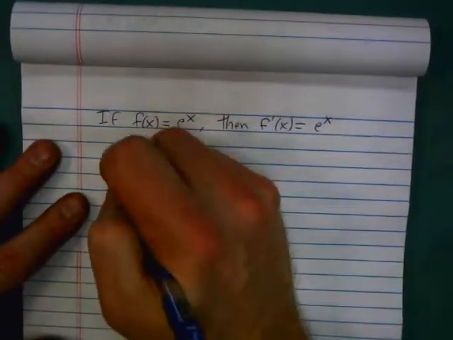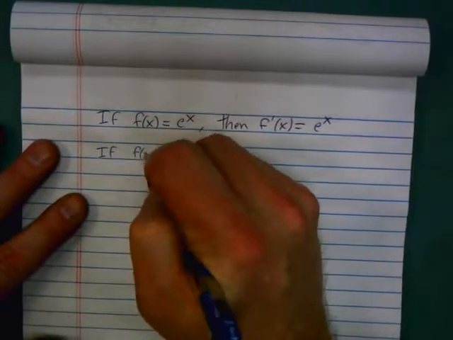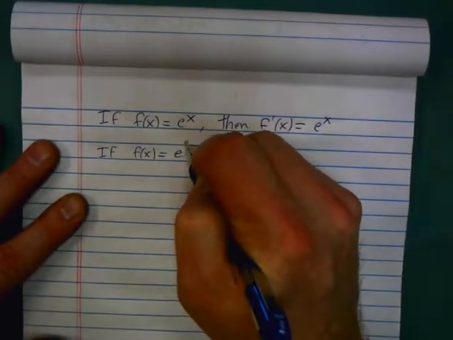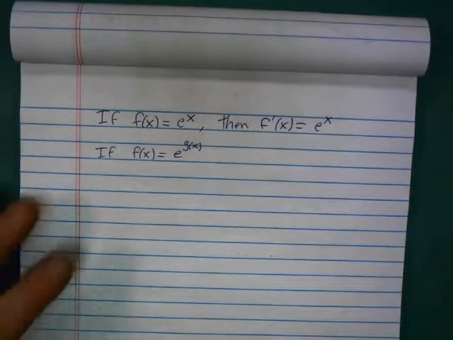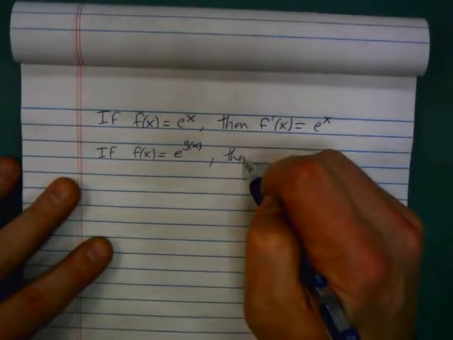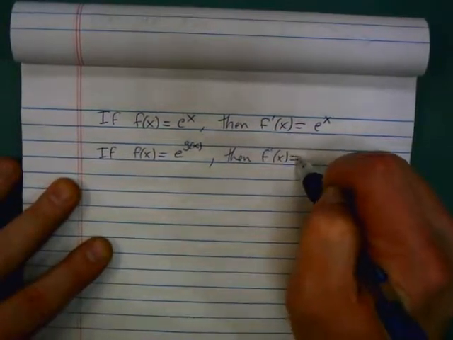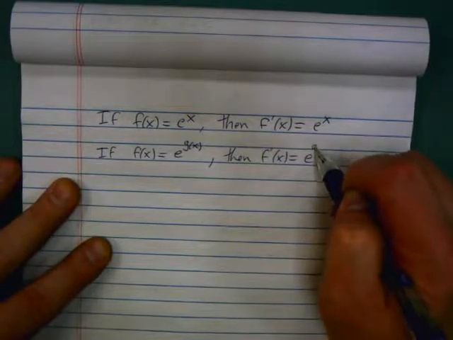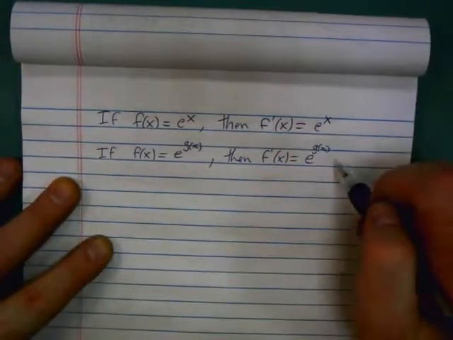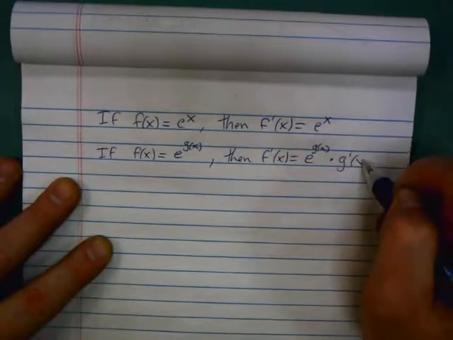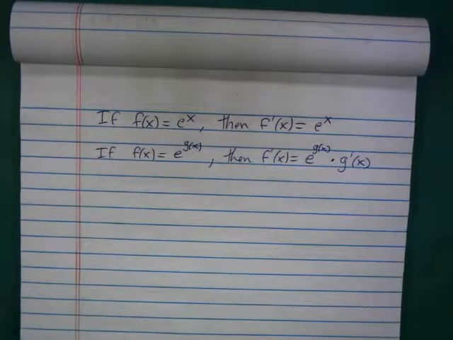Right. If f of x is e to something else, let's say f of x is e to some function g of x, then what's the derivative going to be? You're going to have e to that power still, whatever that power is, and then the chain rule will tell you multiply by g prime.